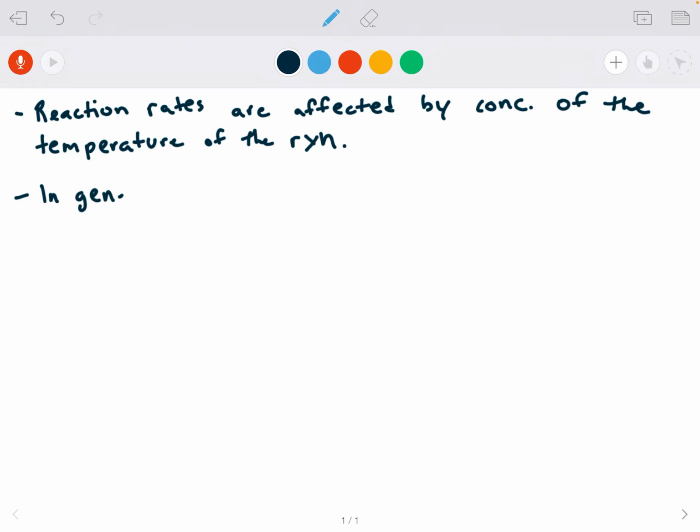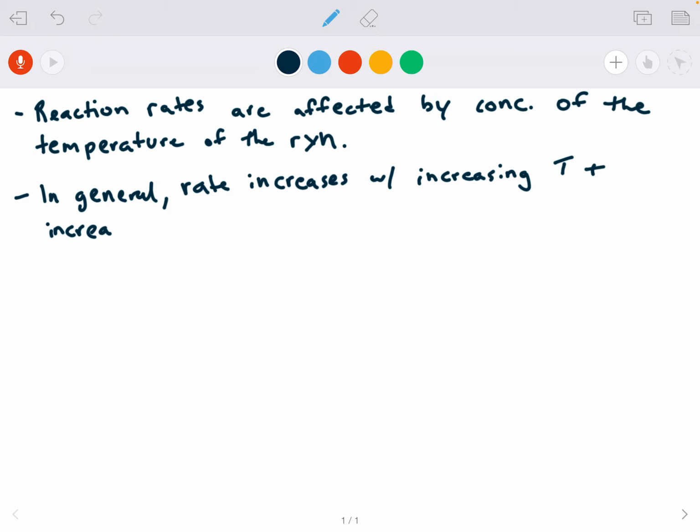Now, in general, if you are looking to increase the rate of a reaction, it increases with increasing temperature and increasing concentration of your reactants.